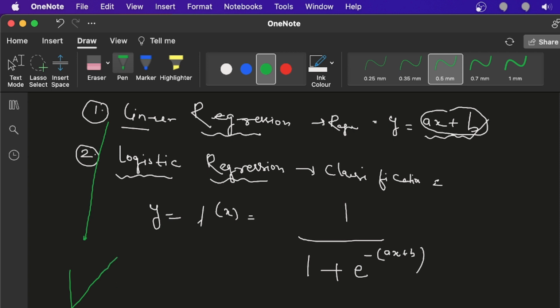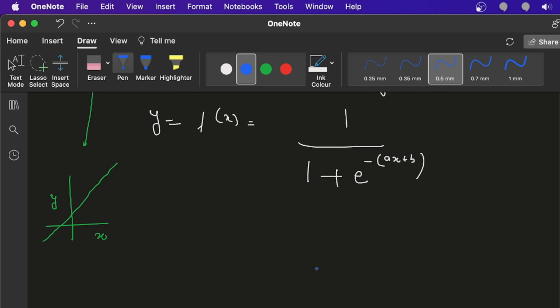You change the value of x, you get the value of y. But this graph looks like this. This is your x and this is your y, where y is 1 and x is 0, and your graph looks like this.